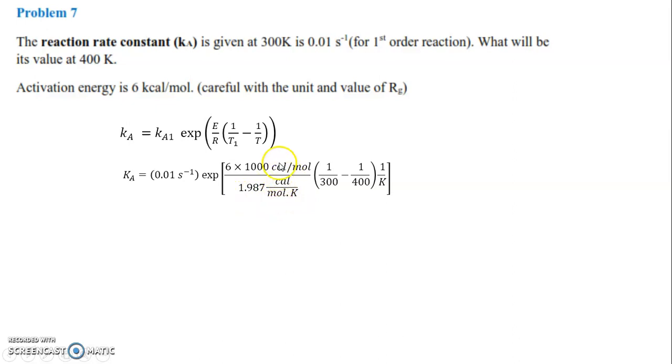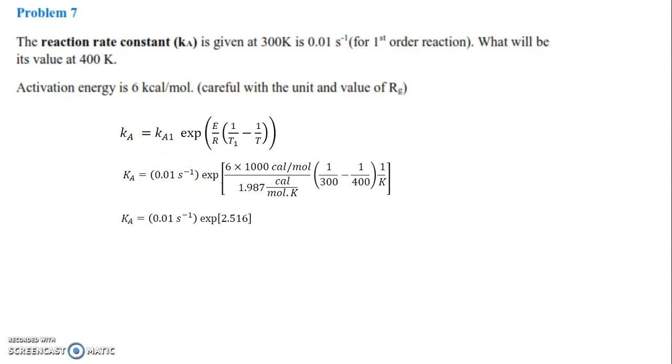You can see the calorie and mole units cancel out. Then we have the temperatures, T1 is 300 and T is 400, in Kelvin, and the Kelvin cancels out too. So the unit inside the exponential term is dimensionless. That's another way to check that your calculation is all right. And the unit of your reaction rate constant will be second inverse, since it is a first order reaction.